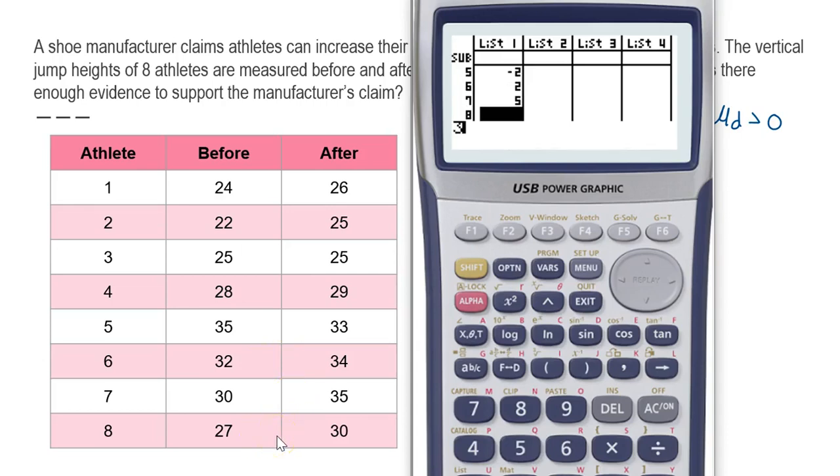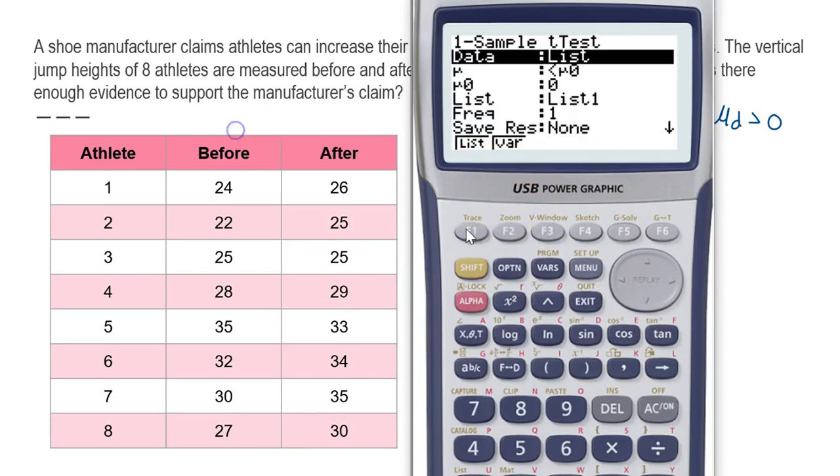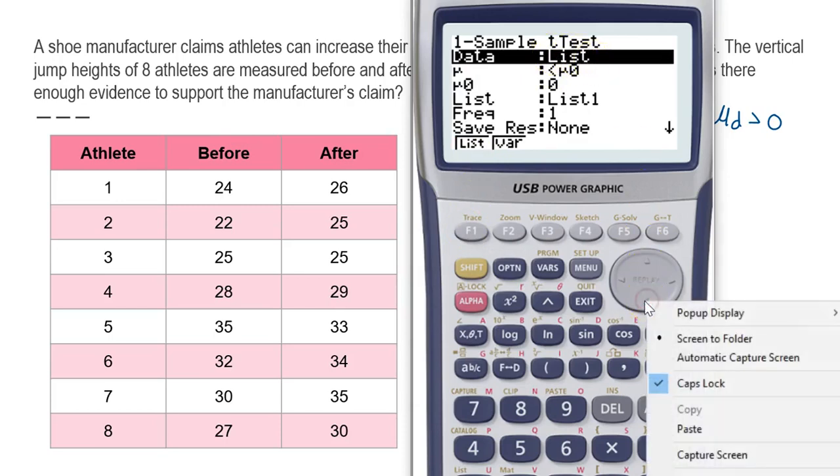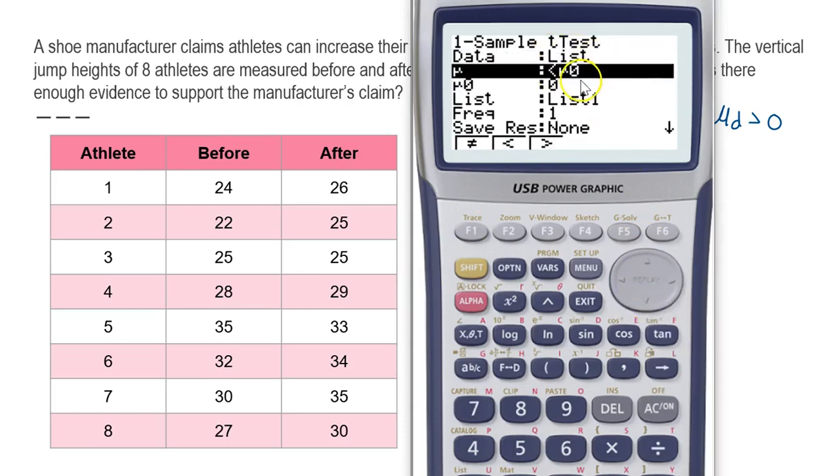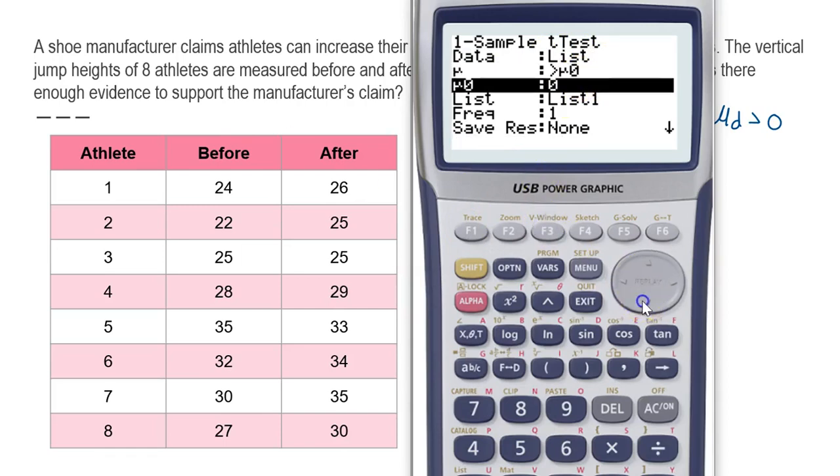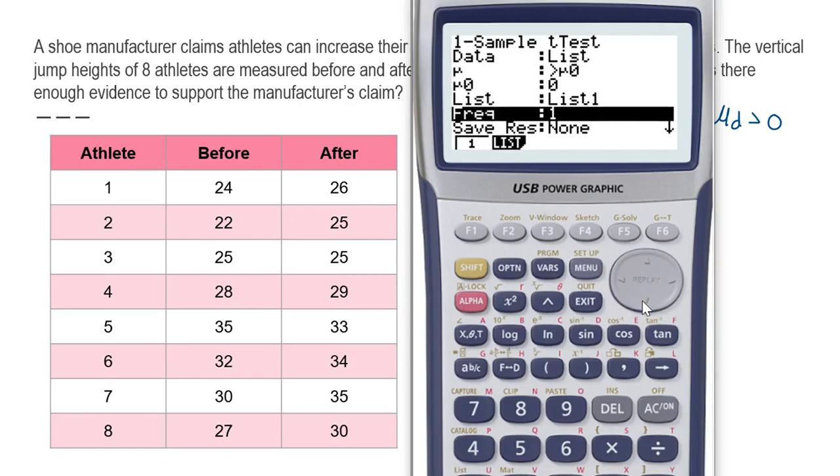Once I have all my data in there, we're going back to what we've been doing. Test is F3. It's going to be a t-test, a 1 sample t-test. We want list. Here we're going to pick our alternative hypothesis. Ours was greater than 0. That's going to stay 0. All of that is going to stay what it is.